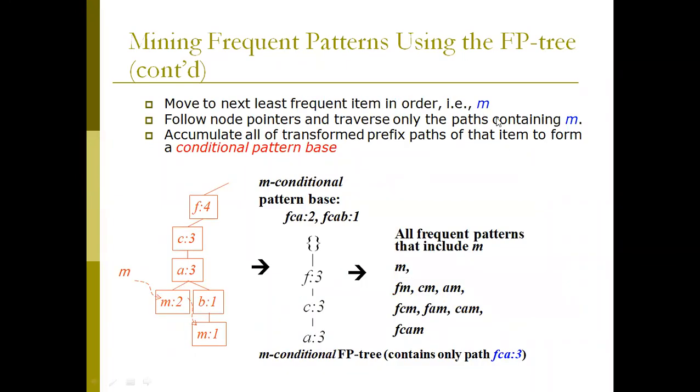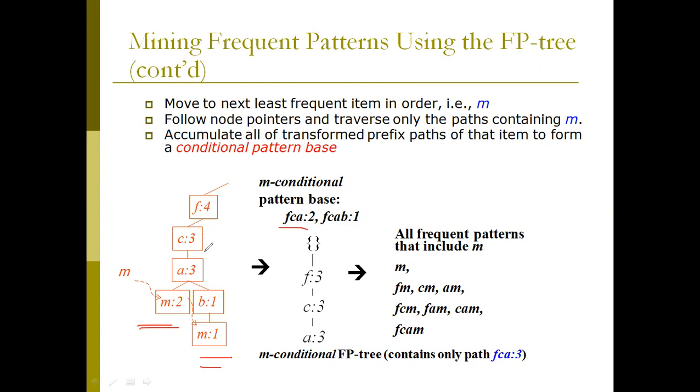Now we are going to calculate for M. M appears in this path and this path. In this path M is 2, which means F, C, A, M: F is 2 times, C is 2 times, A is 2 times, so M is 2.